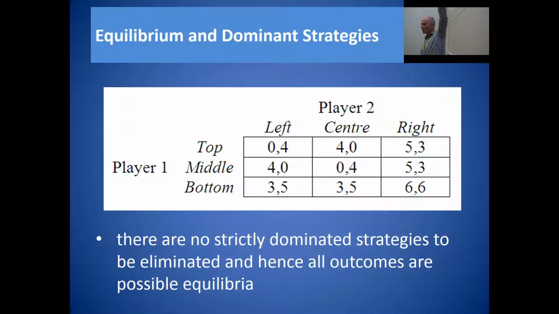That would say, of all of those 9 possible outcomes, which one is the most likely? Well, they're all plausible outcomes. So that doesn't really help us. So you can see, when we start moving to more complicated, more involved games, that simple idea of the prisoner's dilemma, we're going to need something different.